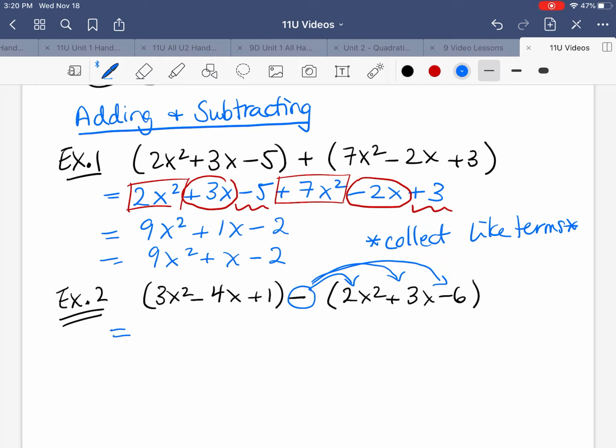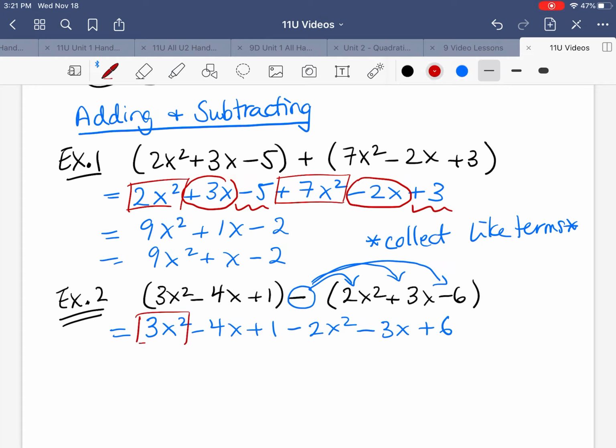So now I'm going to rewrite this without brackets, but with applying that negative sign to all the terms in the second bracket. So we have 3x² - 4x + 1 - 2x² - 3x + 6. So all of our three last terms had their signs changed.